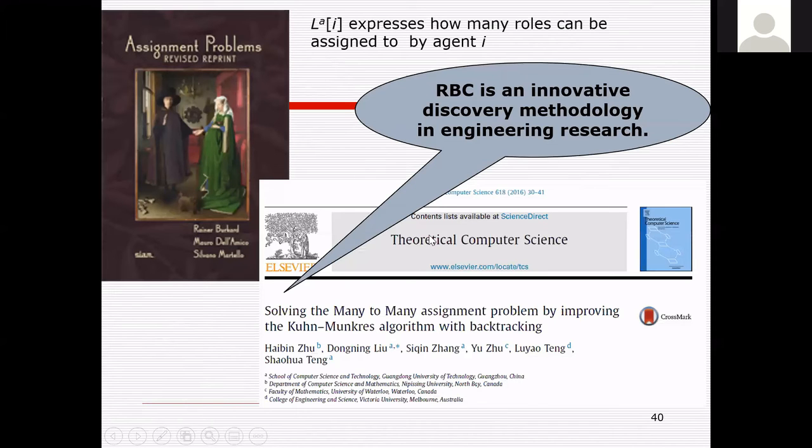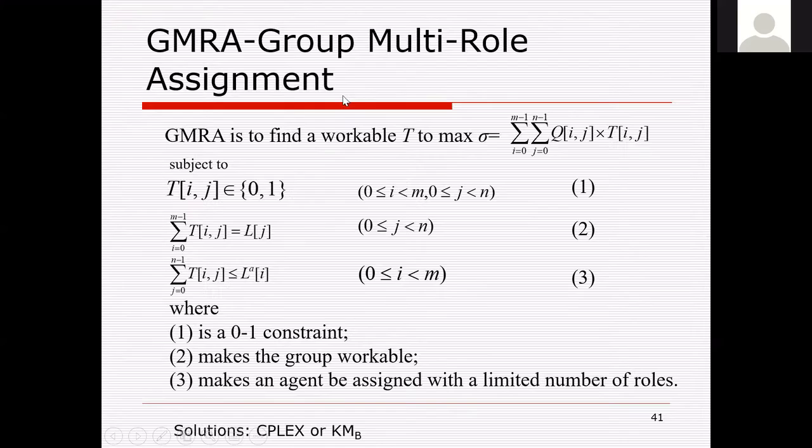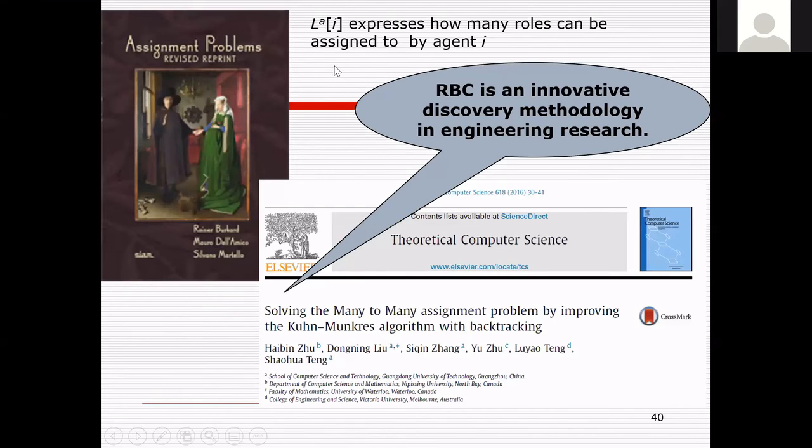We call the new one GMRA, group multi-row assignment. LA means each agent can play at most some number of roles at the same time or in the same time period. It's acceptable for a person to play roles in a day, a week or a year.